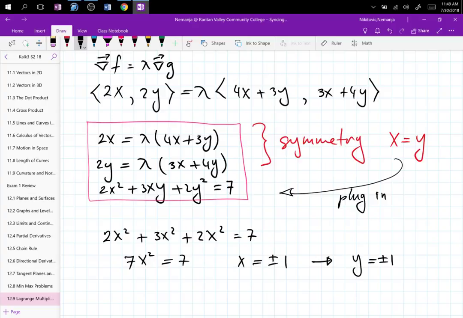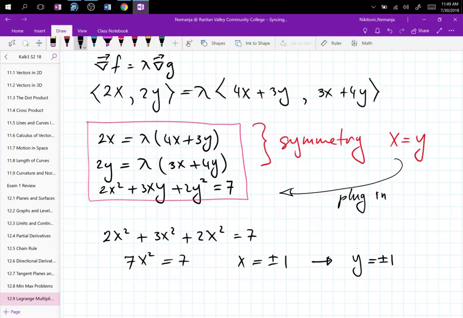Now, you will be tempted to say, oh, 4 points. No. It's 2 points now. Why? Symmetry. So x equals y. Exactly. So you cannot have 1 and negative 1 and negative 1 and 1. You can only have 1, 1 and negative 1, negative 1. I know, right? That's okay, no problem.